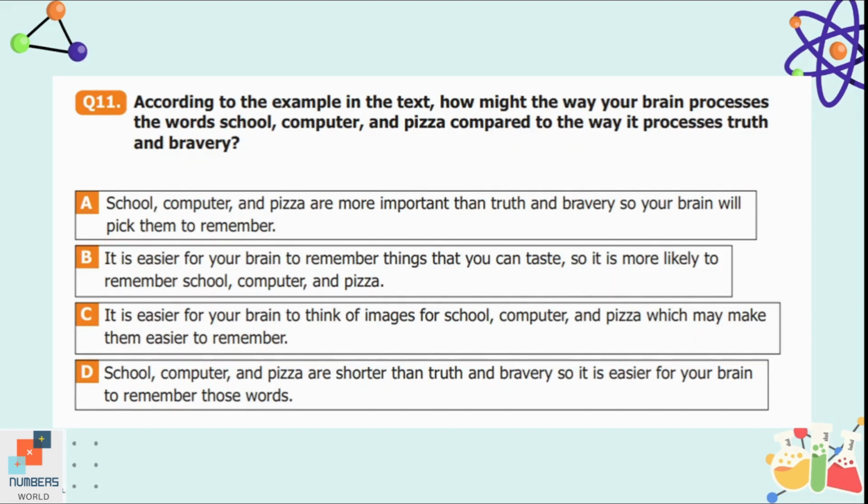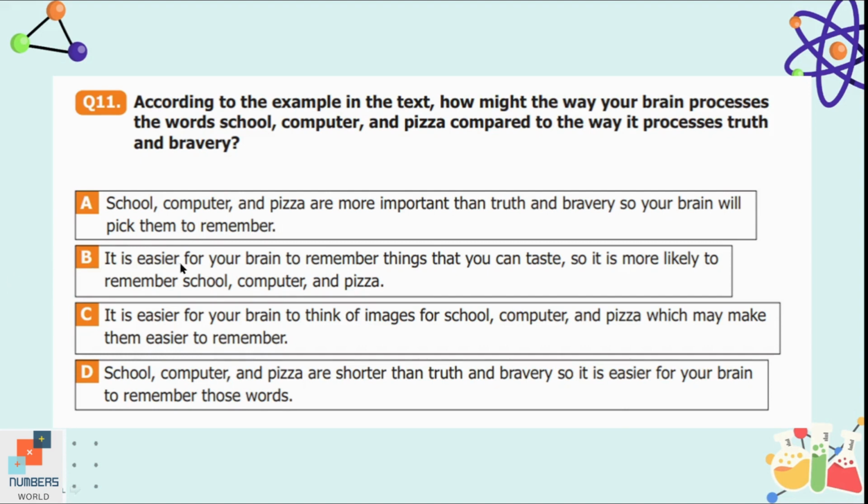Question number 11. According to the example in the text, how might the way your brain processes the words school, computer, and pizza compare to the way it processes truth and bravery? Option A is school, computer, and pizza are more important than truth and bravery, so your brain will pick them to remember.